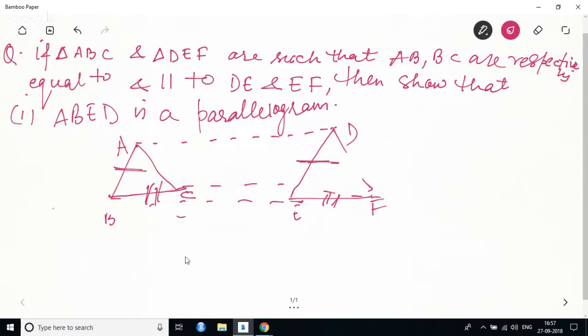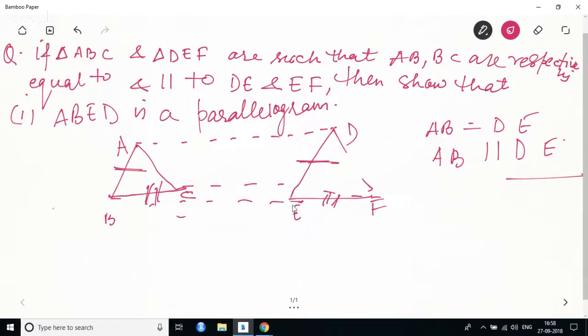So what more do I need to prove that ABED is a parallelogram? So let me write, first of all, AB is equal to DE and AB is also parallel to DE.